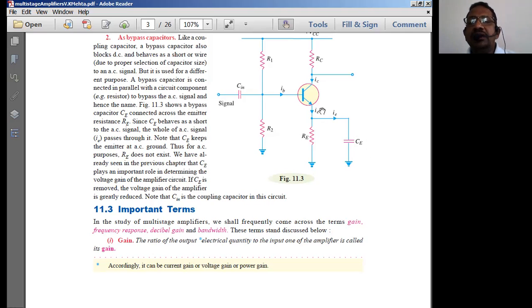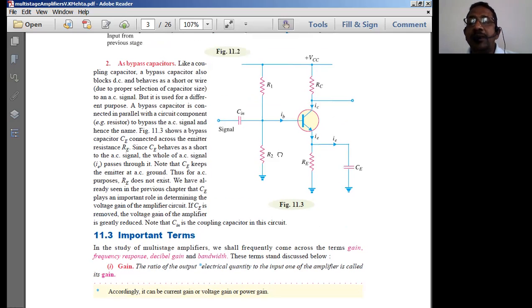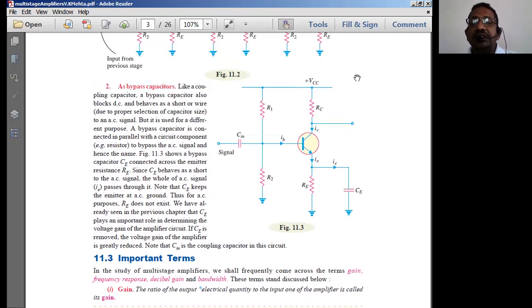So the current IE is going to be a combination of DC as well as AC. Why is it DC? Because in order to operate any transistor circuit, any electronic circuit for that matter, it has to be operated with a DC signal. Because of the DC signal, DC biasing takes place, and DC currents flow through the circuit, known as the biasing currents.